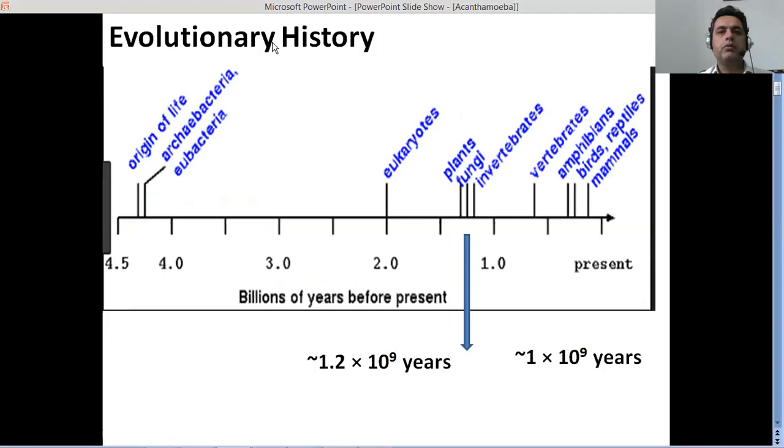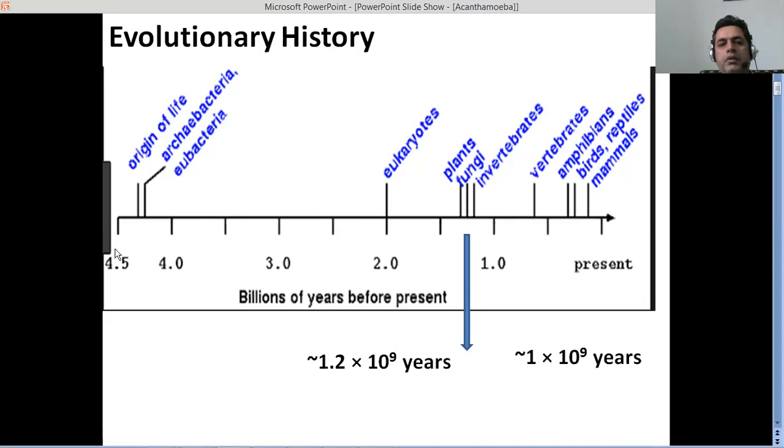If you look at the evolutionary history of Acanthamoeba, you can see it here. This is a kind of scale which is defining different moments during the evolutionary period of the eukaryotic cell.